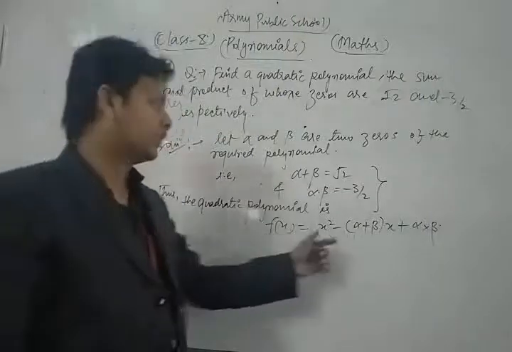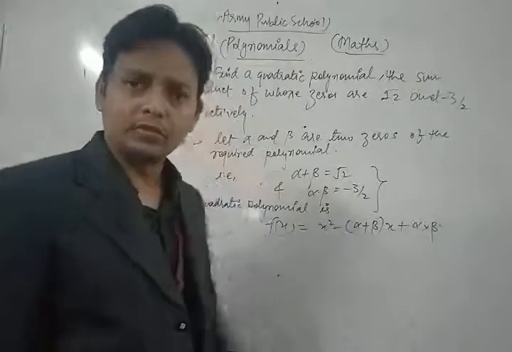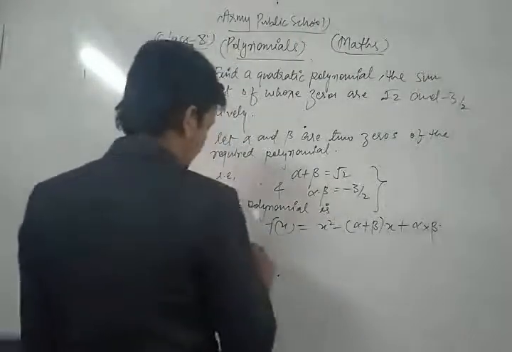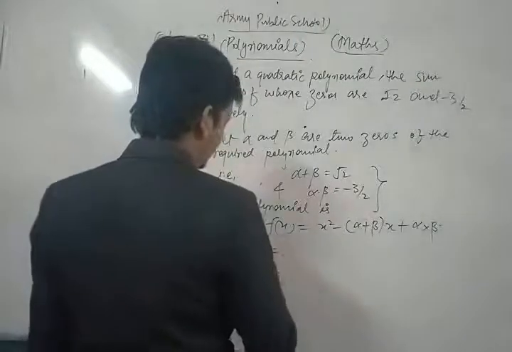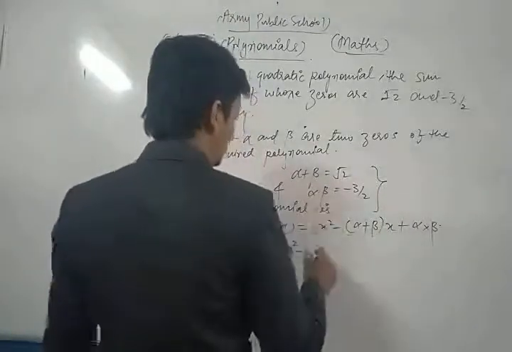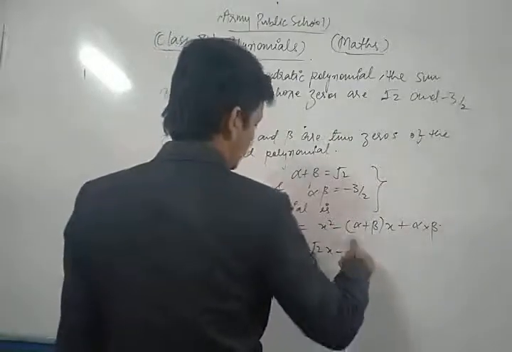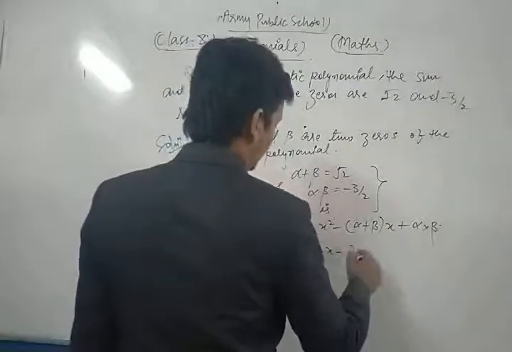Now we put the values of alpha plus beta, means sum of zeros, and the product of zeros in that expression. So we get the required polynomial f of x is equal to x square minus under root 2 x plus minus 3 upon 2.